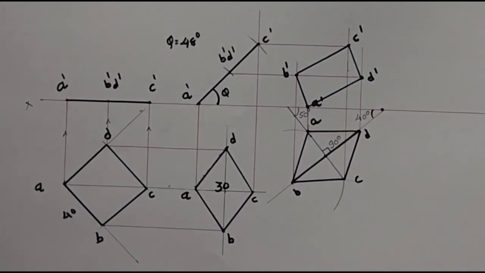So we have the answer. The bounded figure, that is a surface, can be seen from elevation when your square plate is inclined to both the reference planes.